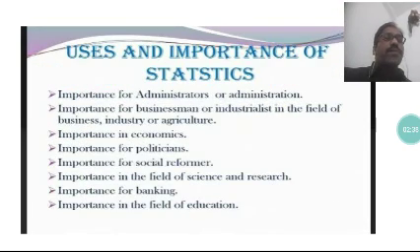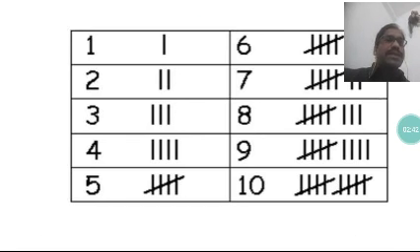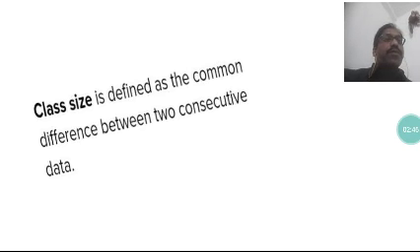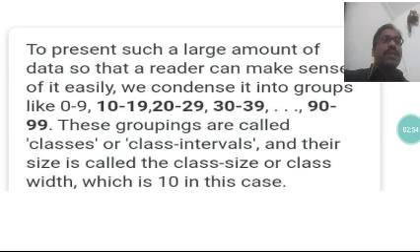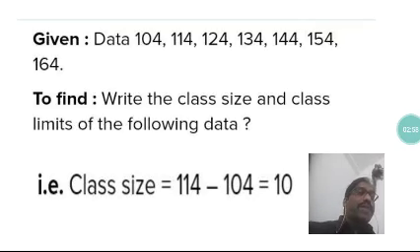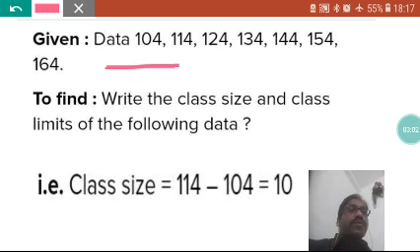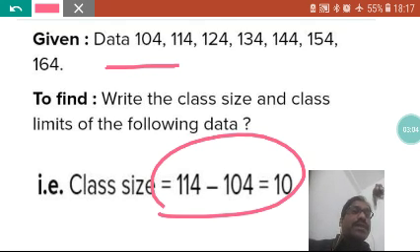Then what we have to read about today is tally marks. You have to remember this, very important: how to draw and what to write. One thing we have discussed here is the class size. What is class size? The difference between two consecutive data. Suppose in the example we discussed that day, between these two consecutive data the difference is 10 only.